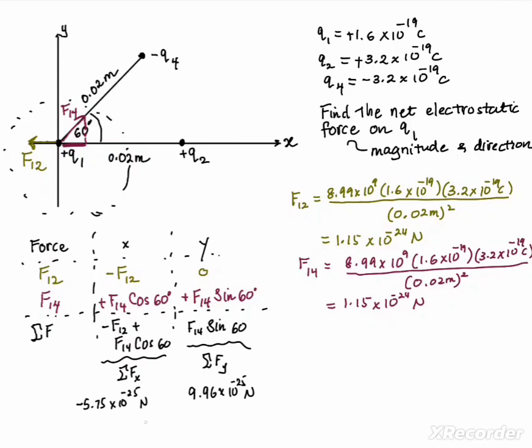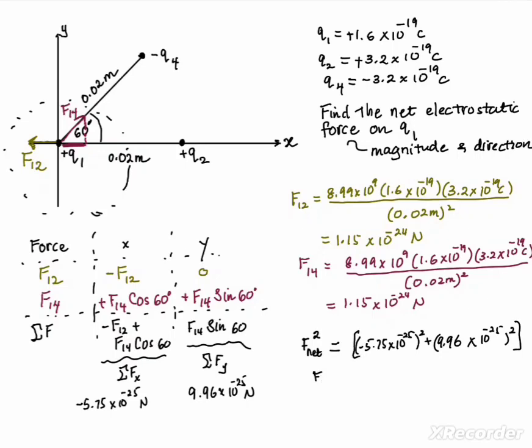So now we have an x component and a y component. To find net force, we use the Pythagorean theorem. So net force squared is equal to x squared plus y squared, and we take the square root. So that is negative 5.75 times 10 to the negative 25 squared plus 9.96 times 10 to the negative 25 squared, and we take the square root of this.